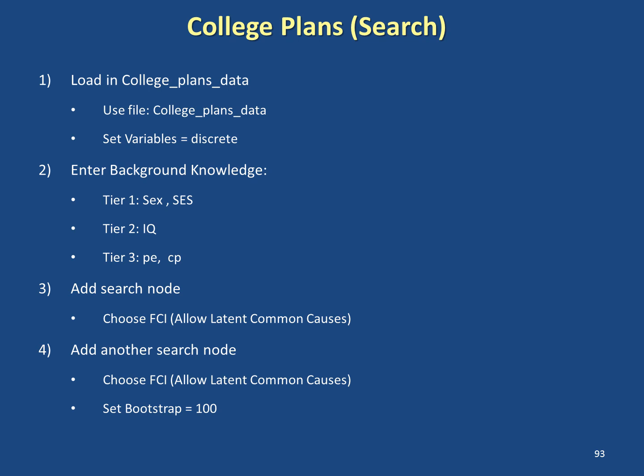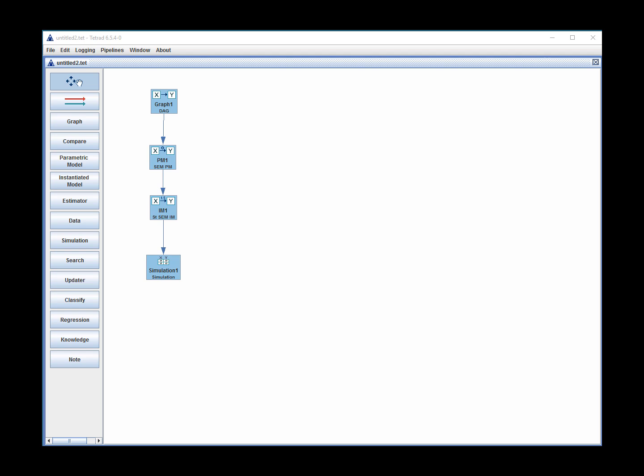So we're going to load in the college plans data, and then we're going to enter some background knowledge, and we're going to both do a search for what we can find and also then do a bootstrap so we can figure out how likely we think some of the output features are given that data.